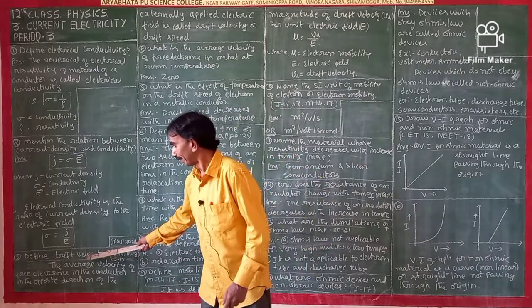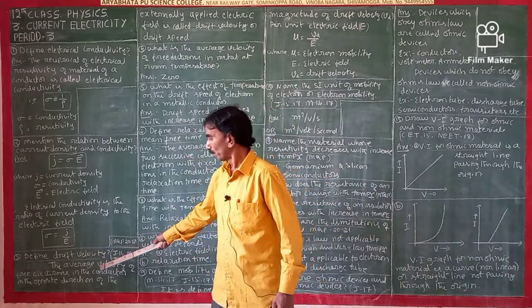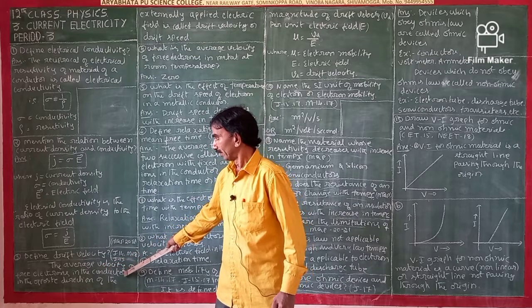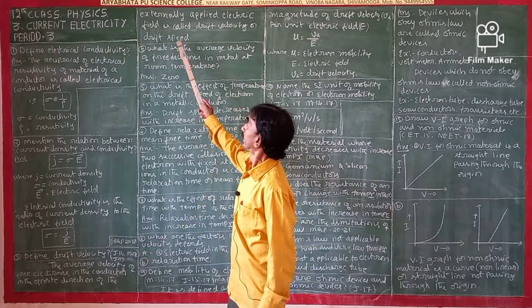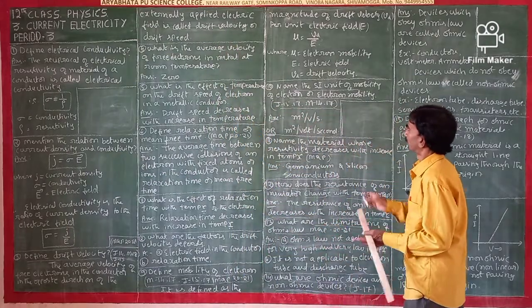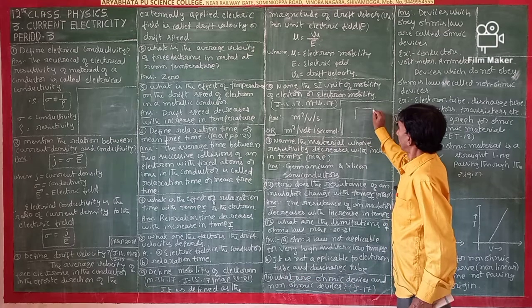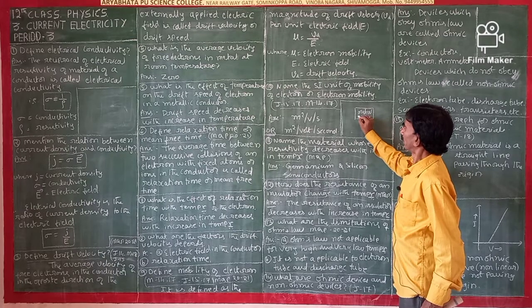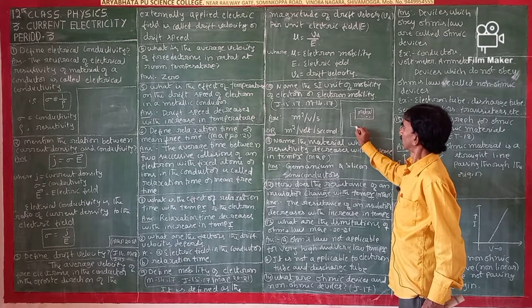Define drift velocity. The average velocity of free electrons in the conductor in the opposite direction of the externally applied electrical field is called drift velocity. You say here, this is a metal, and in the conductor free electrons are there.